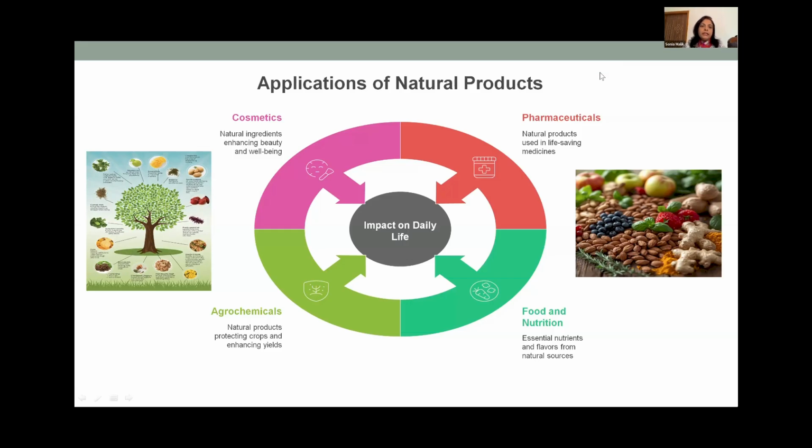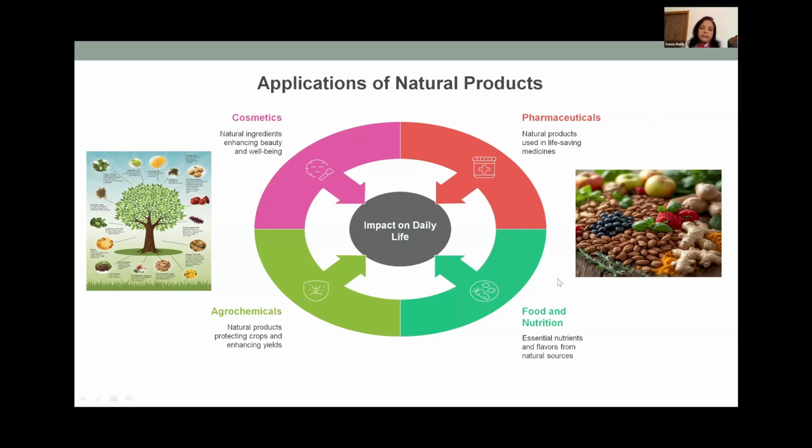And now, if we look at the area of pharmaceuticals, they are used in life-saving medicines like Taxol and Quinine, that we are going to discuss in our further slides, and in food items, and even ginger, like our mothers give during cough and cold.